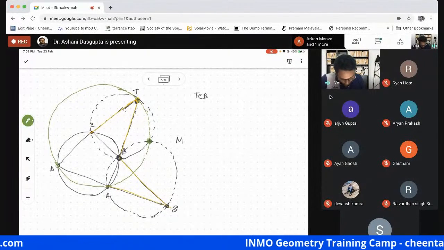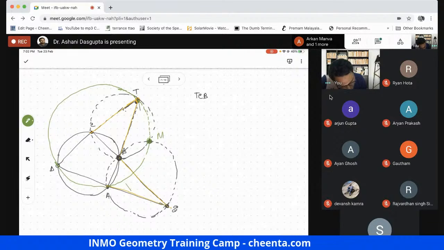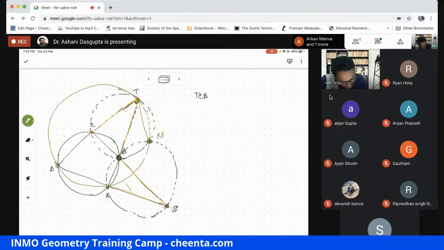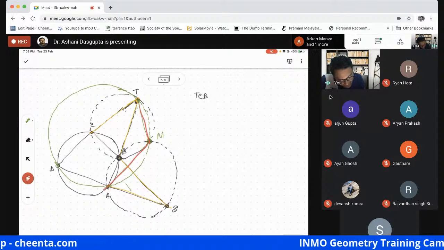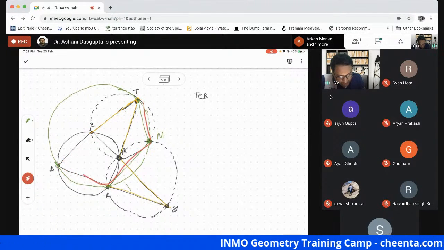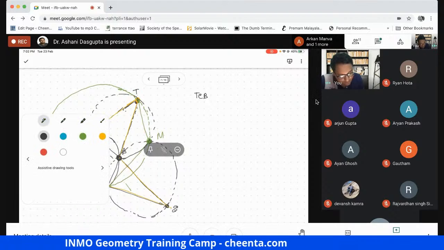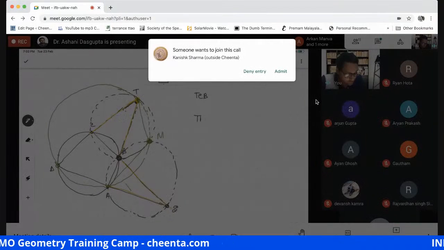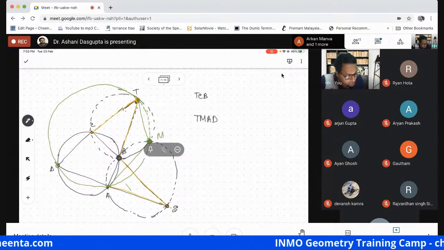So essentially what you want to show is that TMAD is a cyclic quadrilateral. Go ahead and try to show that TMAD is a cyclic quadrilateral. I'll give you a minute for the people who have not seen this before.